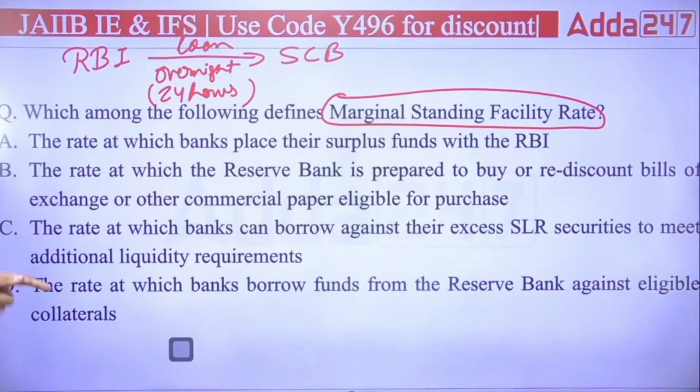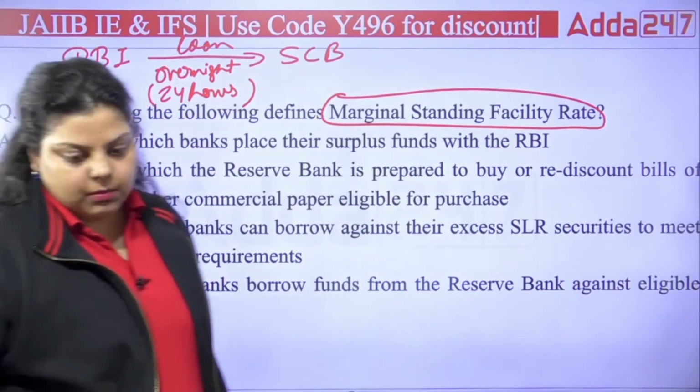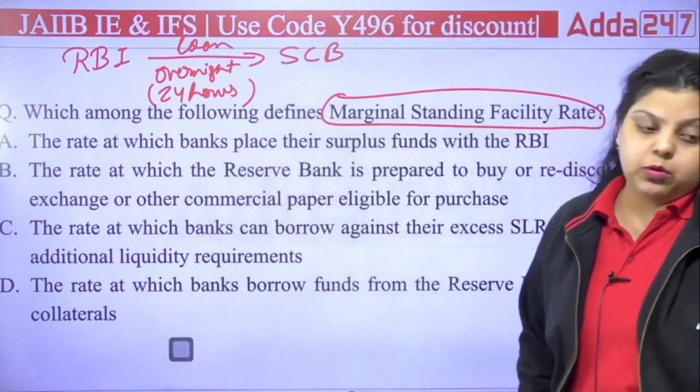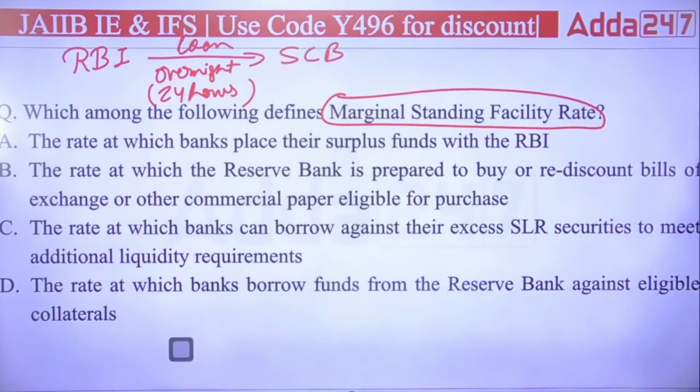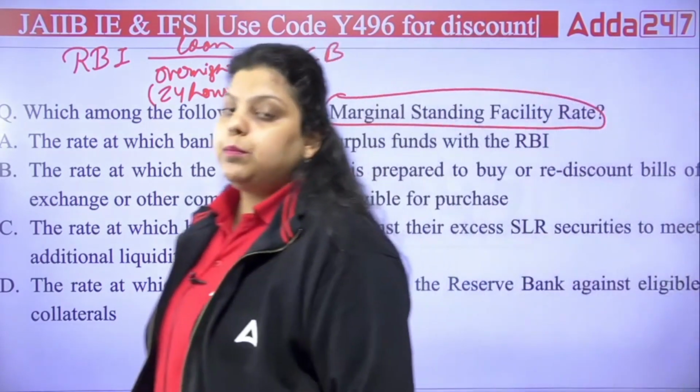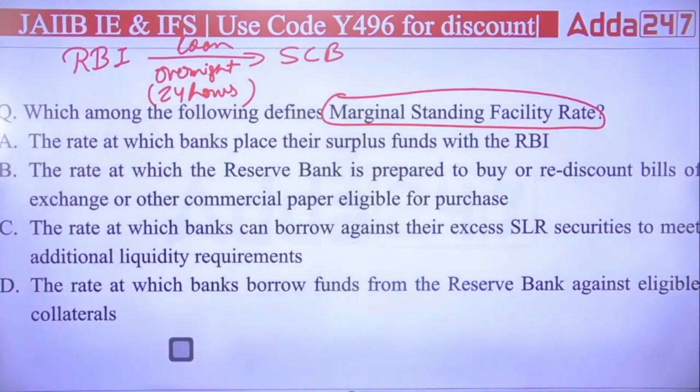Okay, and this loan is given so that whenever there is an unexpected or certain requirement of cash in the bank, in that situation, RBI helps the banks by providing them an immediate loan for 24 hours. But the loan amount will be up to 2% of their NDTL, not more than that.